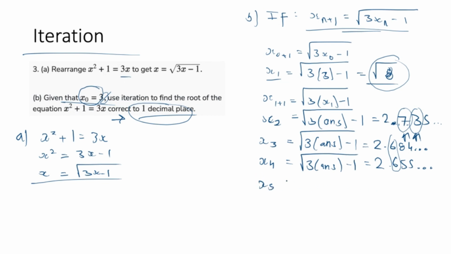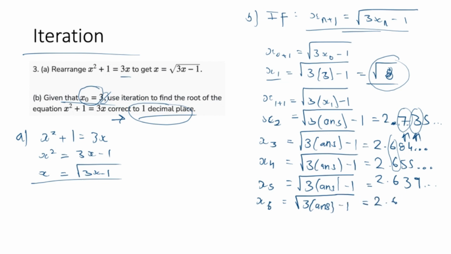So x5 is equal to, again, just press the equal sign, and this will give you 2.639. It's still not constant. The 100th term is still changing, so we have to continue. So x6 is equal to, again, the square root of 3 ans minus 1, and that will give you 2.630.